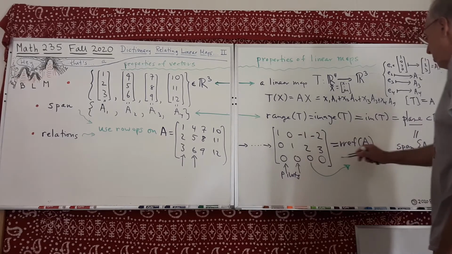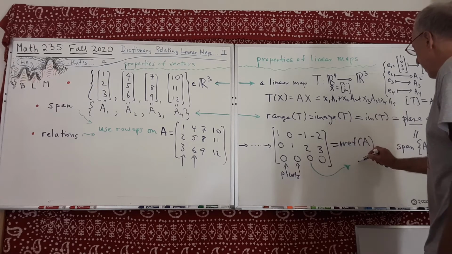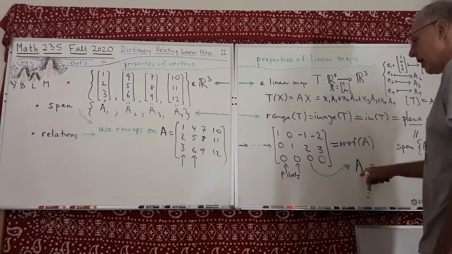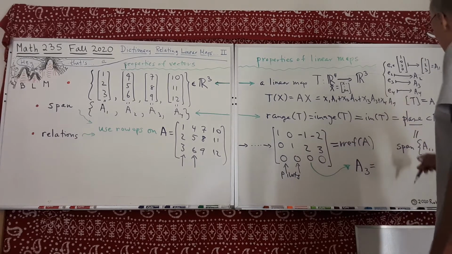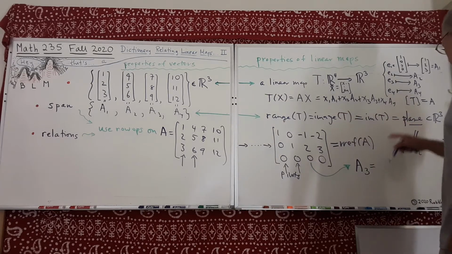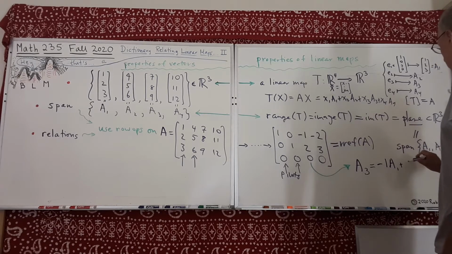So these numbers here tell us that one way to write the linear relation is to express A3 as a linear combination of these 2 vectors, which we know it can be because the image is the span of these guys. It simply says this is -1 times A1 plus 2 times A2.